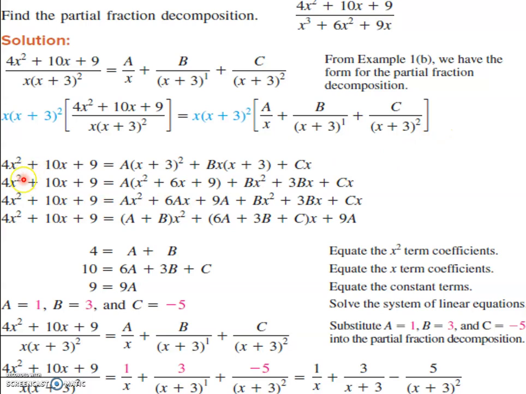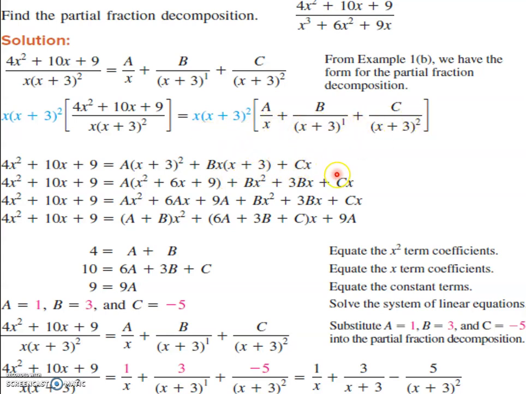So 4x square plus 10x plus 9 is there. Here we take x into (x plus 3). So we have to cancel the common terms. X gets cancelled. What is remaining? (x plus 3) whole square. For B, one (x plus 3) gets cancelled, remaining x into (x plus 3). For C, x gets cancelled and (x plus 3) whole square cancels.